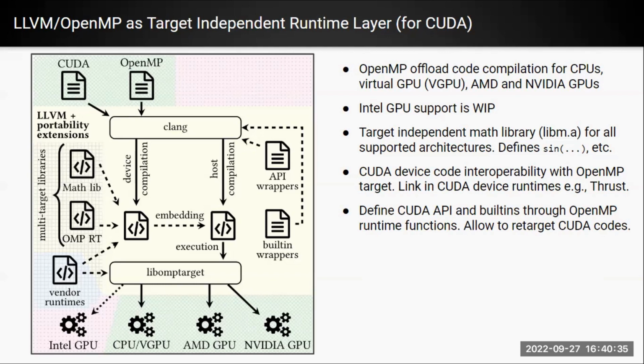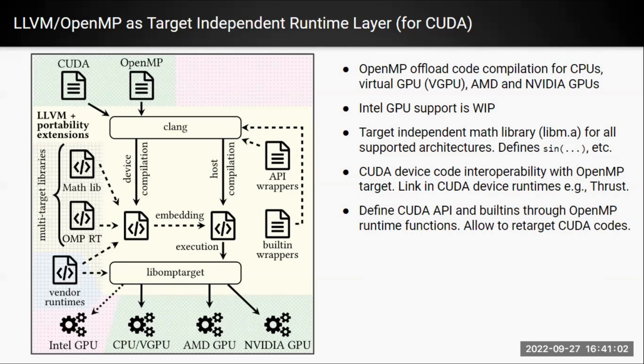Our header implements cudaMalloc by calling OpenMP device alloc. Our header implements cudaMemcpy by calling OpenMP target memcpy, and so on and so forth. So you get the idea, right? We implement the CUDA API through portable OpenMP functions, existing and new ones that we added.